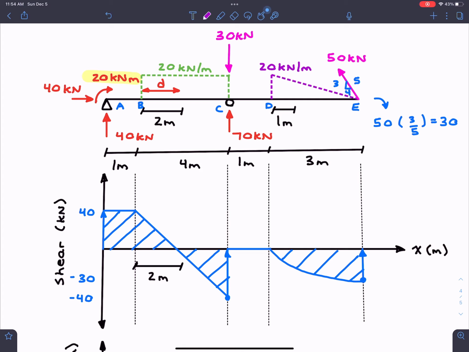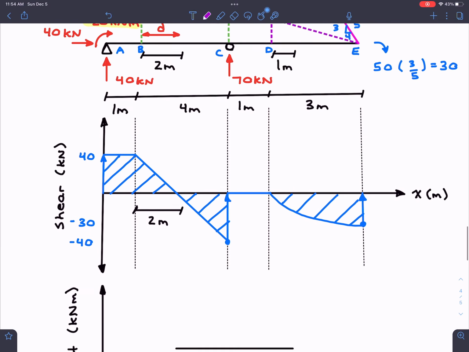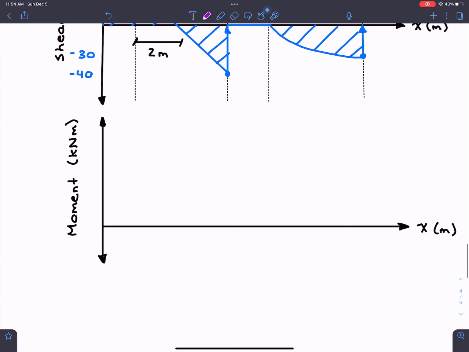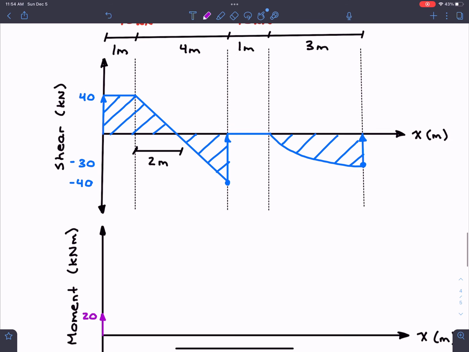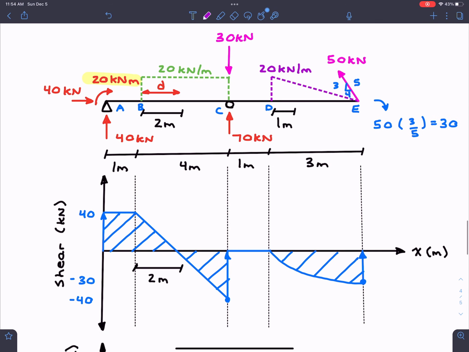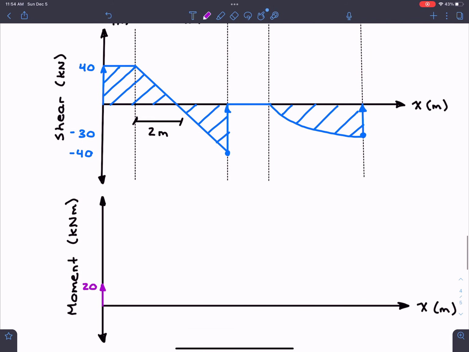But a negative moment actually pops our diagram upwards. So we know that we are going to have a slight jump to start our moment diagram of 20. Again, this comes from that concentrated moment right at the beginning. If you were to not consider that free body diagram, you wouldn't have that jump and then everything would go to garbage really quick.